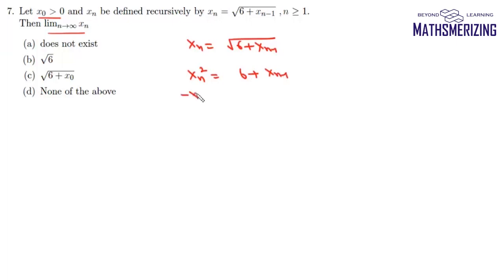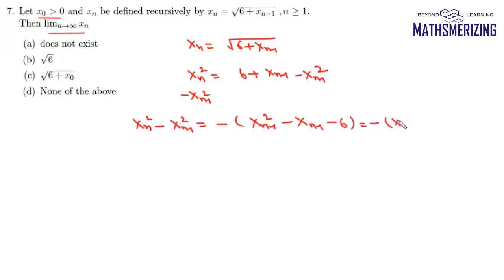Now what we'll do is subtract xn minus 1 square from it. So it will be xn square minus xn minus 1 whole square, and if we take minus common here, we'll get xn minus 1 square minus xn minus 1 minus 6, and if we factorize it, we can write this as xn minus 1 minus 3 and xn minus 1 plus 2.